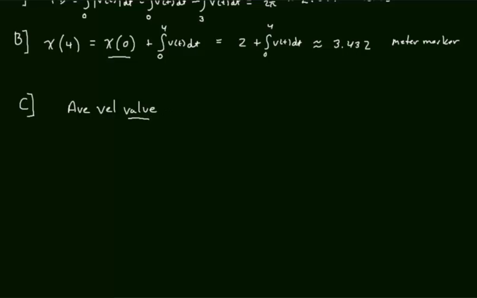And the average value is going to be integral over interval. So it's going to be the integral from 0 to 4 of v of t dt divided by the interval, which is 4 minus 0. Oftentimes, authors will write it as 1/4 times the integral from 0 to 4, v of t dt.